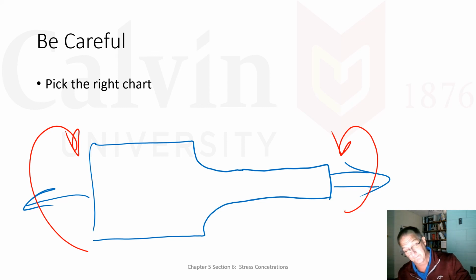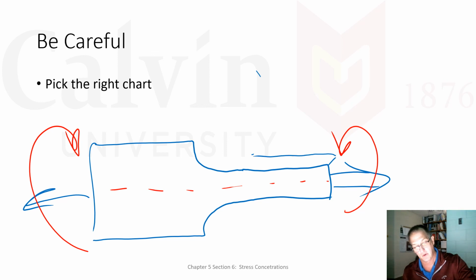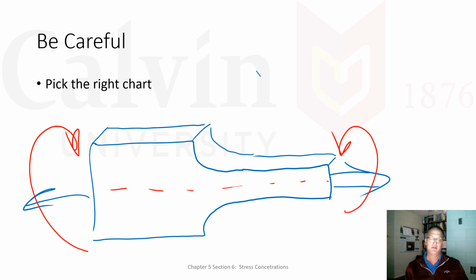And further, this could be a flat plate, or it could be axisymmetric. The axisymmetric makes more sense for a torsion problem, or you had a flat plate, which makes just as much sense for an axial problem. Make sure you use the right chart.